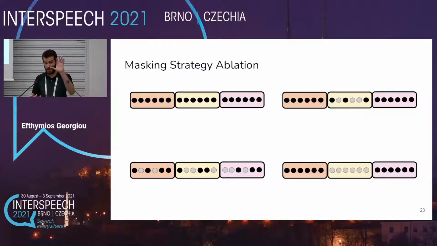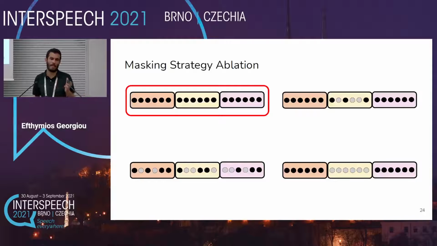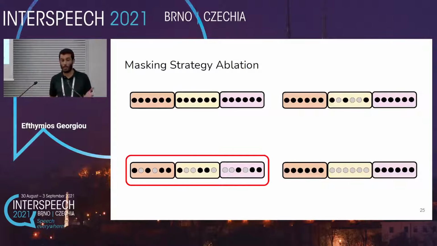So we consider these 4 different masking scenarios. The first is the baseline, where no masking is applied at all. The second is random masking, where we randomly mask some features from all 3 modalities. This may also resemble dropout, but we do not perform the rescaling trick that dropout uses.